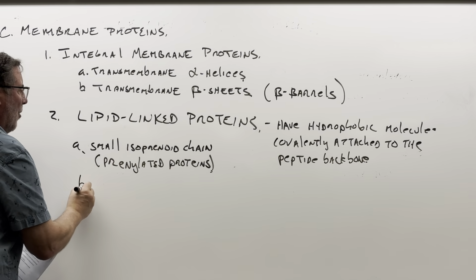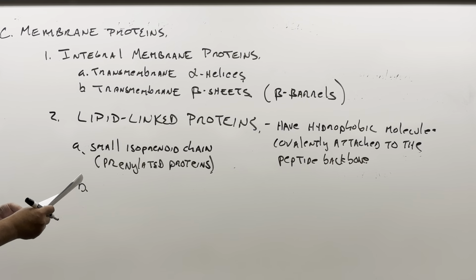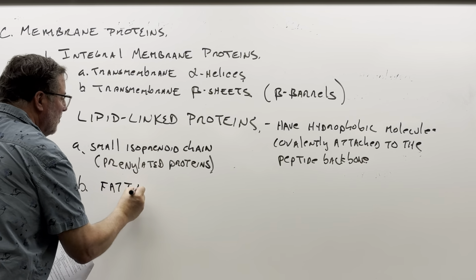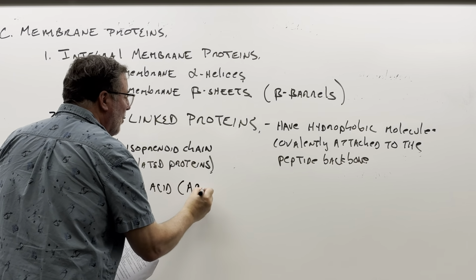Other than a small isoprenoid chain, the other way of looking at it is to add a fatty acid. These are known as acylated proteins.